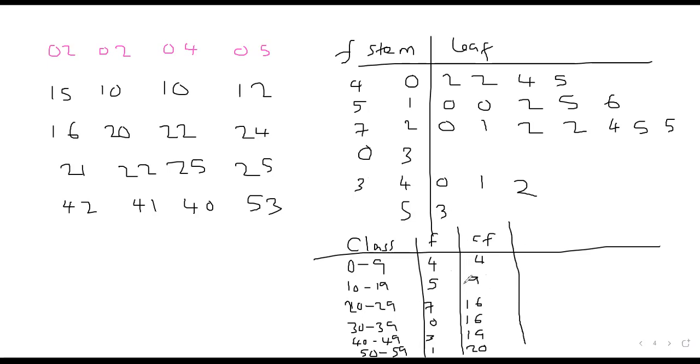So this is what we call a frequency distribution table of summarizing this data. We can summarize the data based on the combination of the data that we've been learning together. So this is what we call grouped data. This is how we group the data.